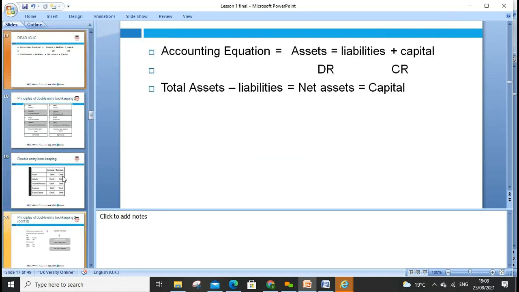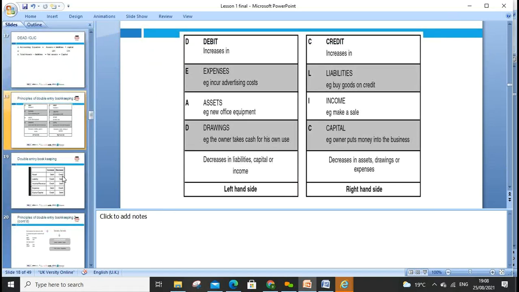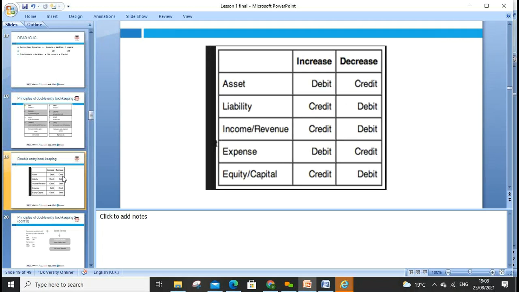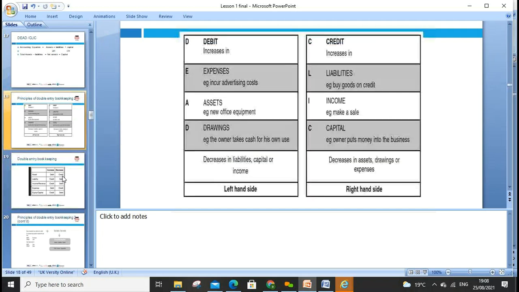I'm not going through bank reconciliation today, which we'll go through in a following lesson. Today you just need to remember DEAD CLIC: debit expenses, debit assets, debit drawings. On the credit side we have liabilities, income and capital. That's all for today.